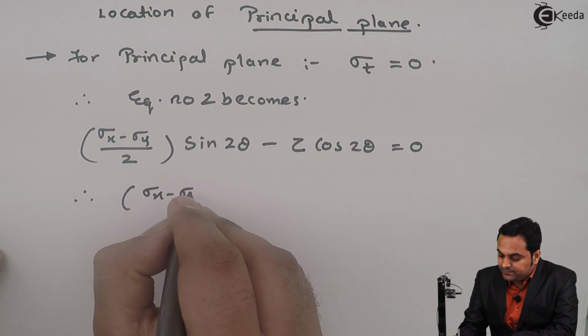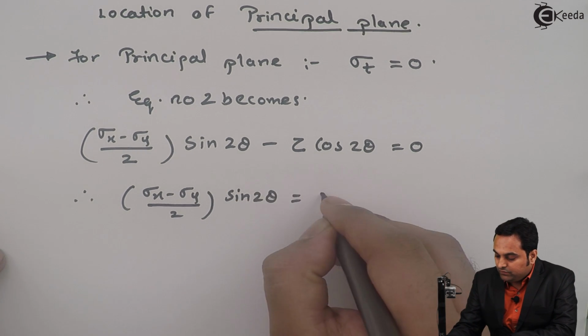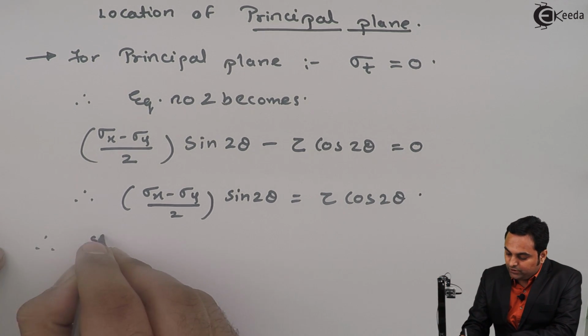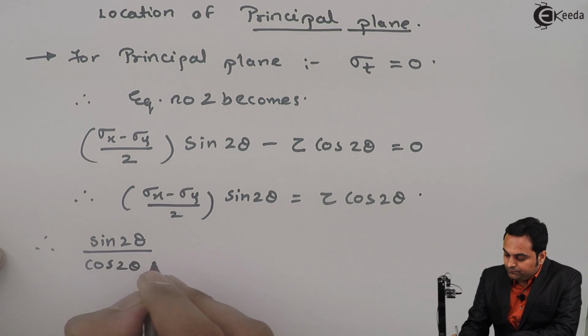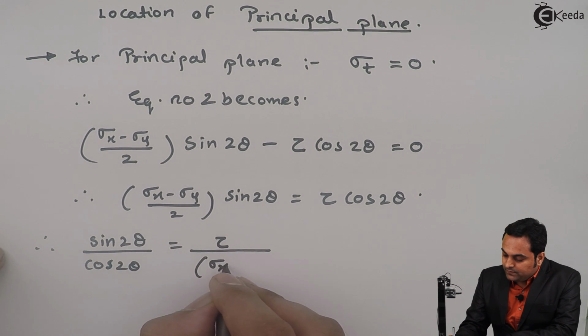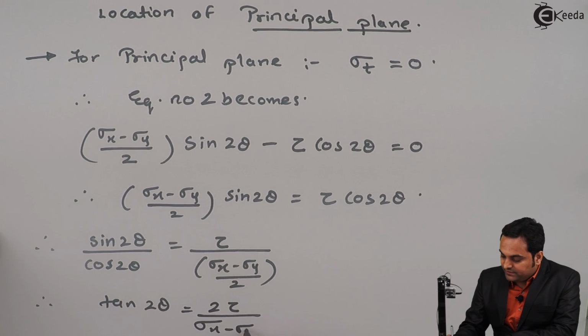So here we have sigma x minus sigma y by 2 sin 2 theta is equal to tau cos 2 theta. Therefore keeping sin 2 theta on one side and bringing cos 2 theta in the denominator, here we have tau upon sigma x minus sigma y by 2. So therefore, I can write this in this form, that tan 2 theta will be equal to, this 2 will go into the numerator, 2 into tau upon sigma x minus sigma y.